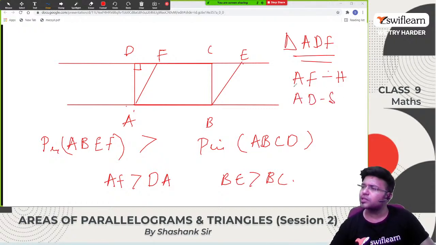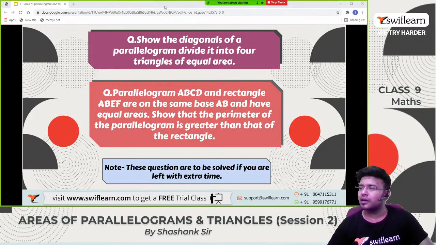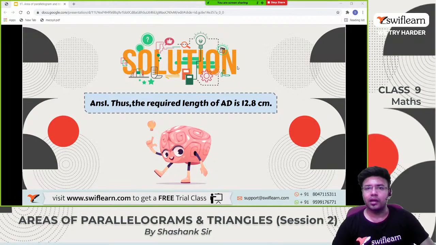Now always, the hypotenuse is the largest side in a right angle triangle. So AF is greater than AD. Similarly, in triangle BCE, BE is greater than BC. Now substitute back. Hence, we can say the perimeter of the parallelogram is greater than the perimeter of the rectangle.